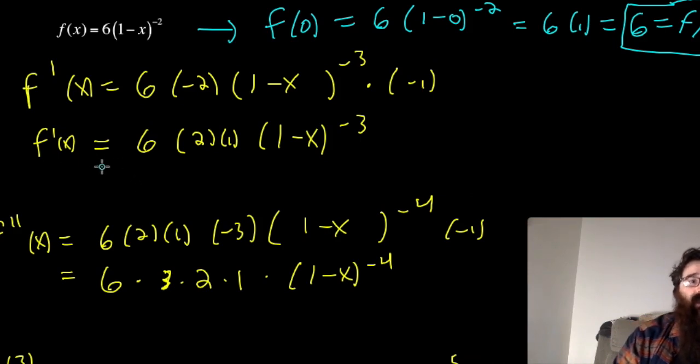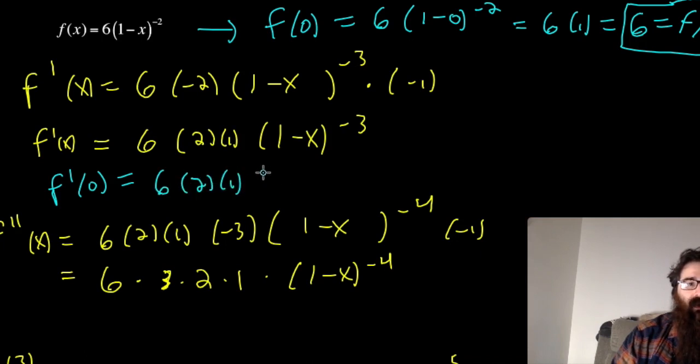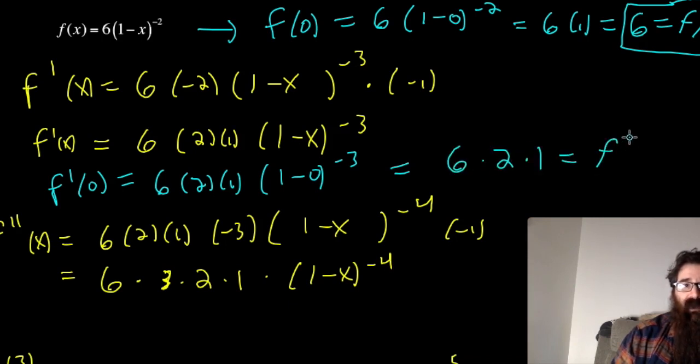So let's go to f prime and plug 0 into that. So f prime at 0. If I plug 0 in, I want you to notice I'm going to get 6 times 2 times 1 times 1 minus 0 to the power of negative 3. And this is really 1 to the power of minus 3, which is just 1. So this leaves me with 6 times 2 times 1 for f prime at 0.